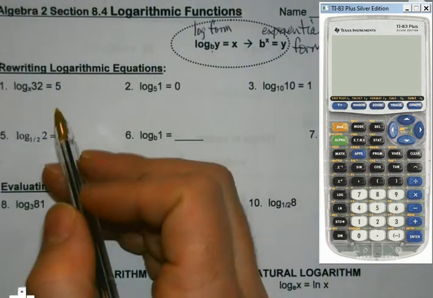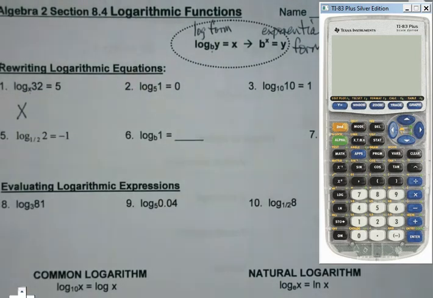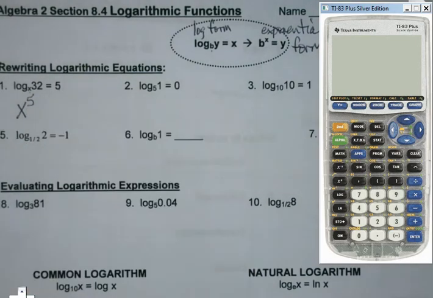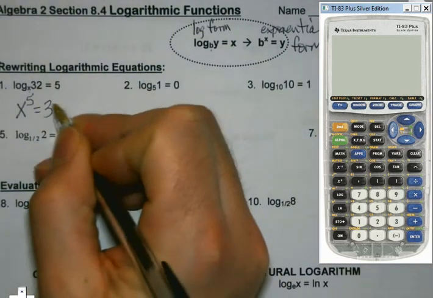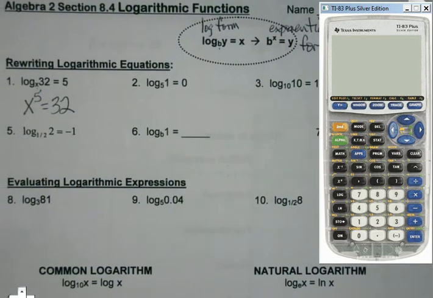So here, if I'm rewriting it, my sub-base becomes the base of my equation. My answer becomes my exponent, and my big base becomes that. Now for this part, I'm just concerning myself with rewriting. I'm not trying to solve anything yet.